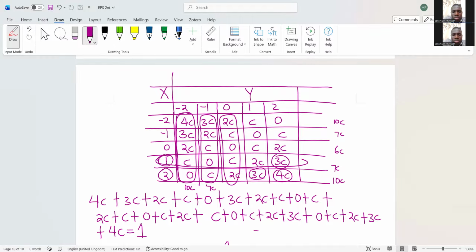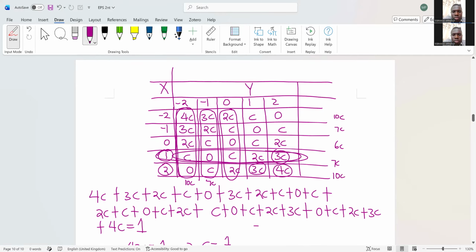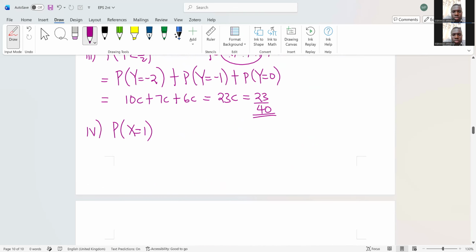Y is varied, so we are in this row. Summing all those values, we obtain 7C. Therefore, this is equal to 7C, which is 7/40.